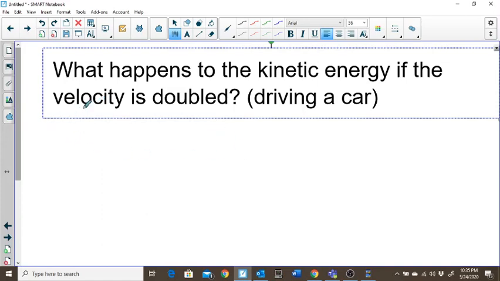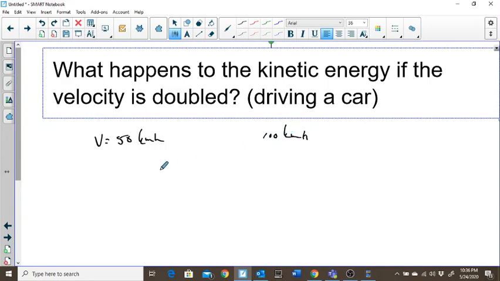Oh, right, this is a good one. What happens to the kinetic energy if the velocity is doubled? So let's say we're driving a car and the velocity is equal to 50 kilometers per hour, km/h, or 100 km/h.